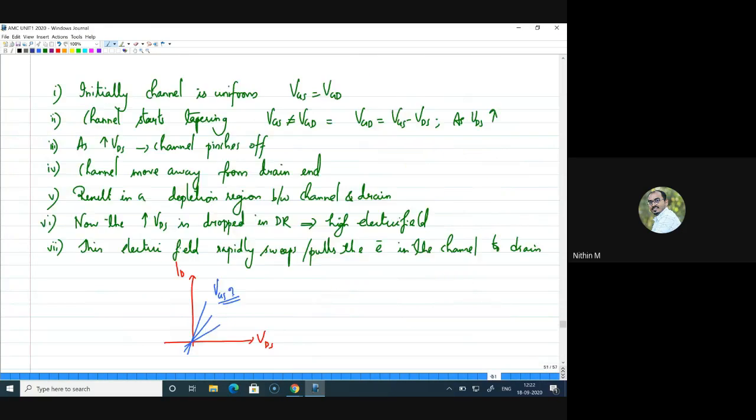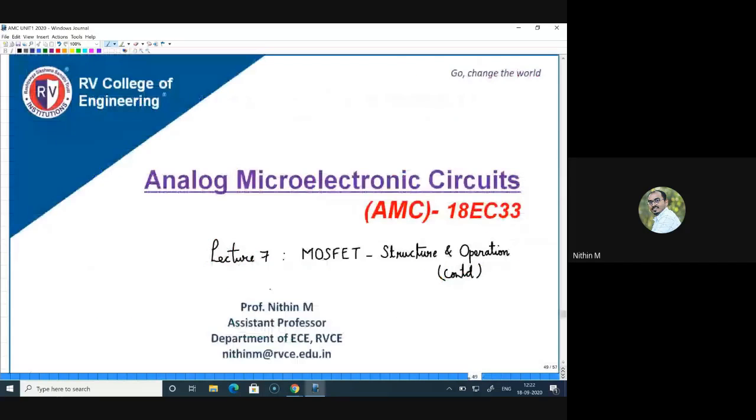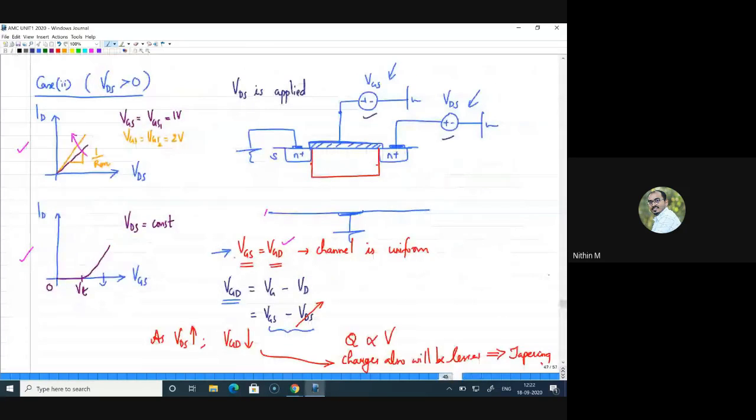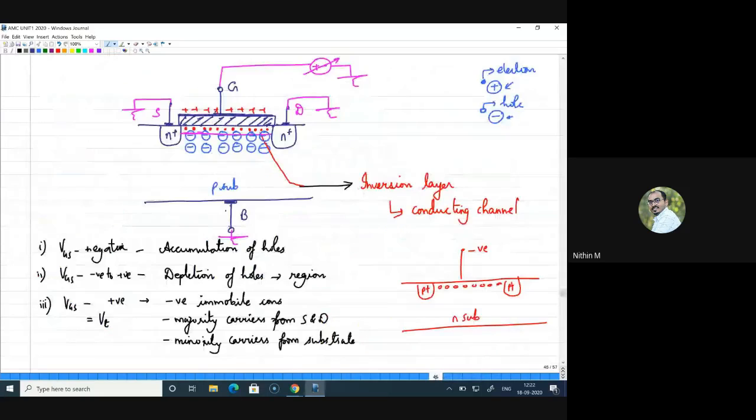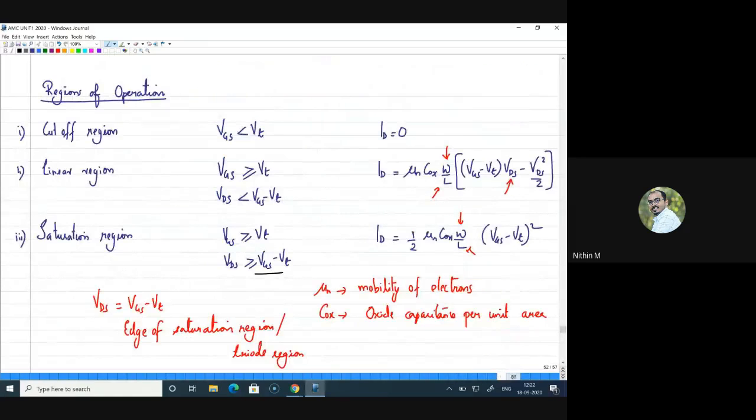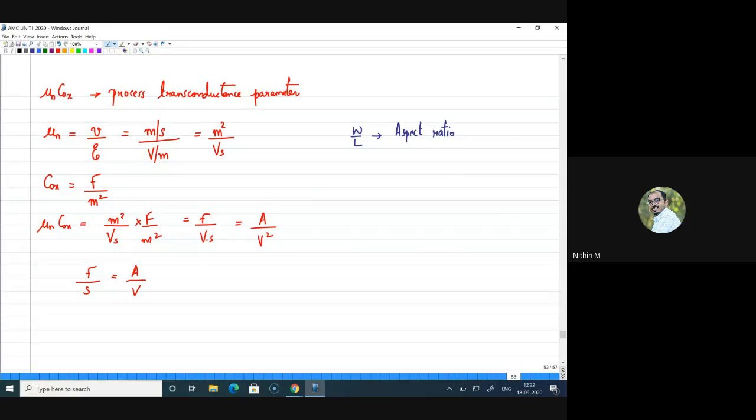In the previous class, one more thing we discussed, the capacitance of this MOSFET. Yeah, here. We have the oxide capacitance, which we are not expressing in farad, but rather in farads per meter square.